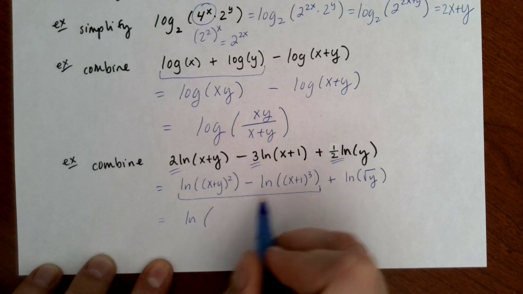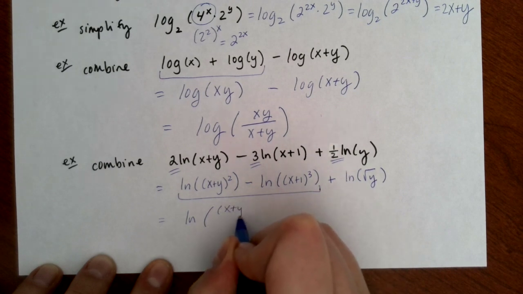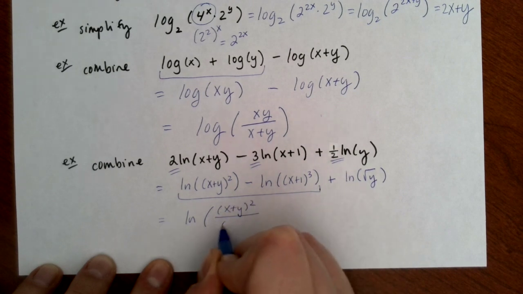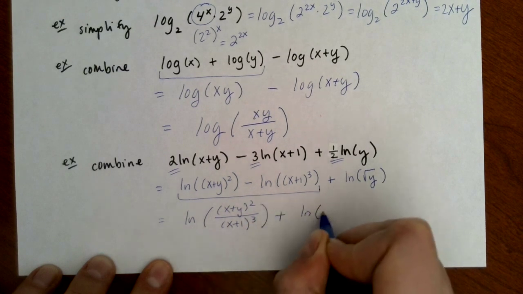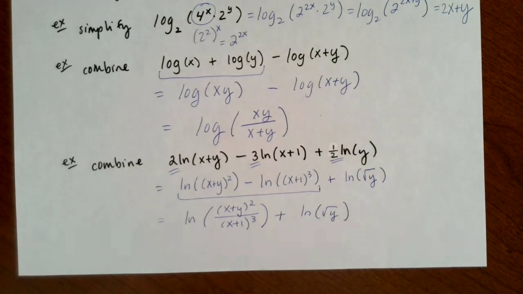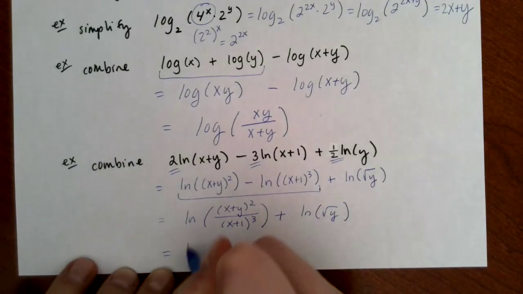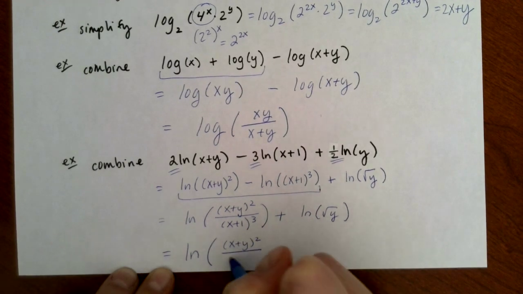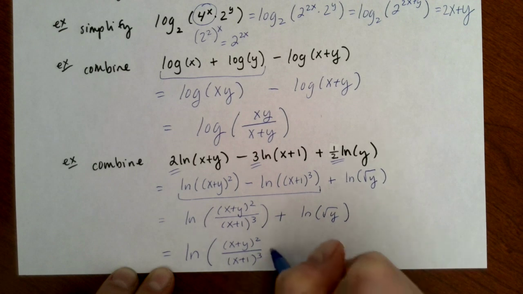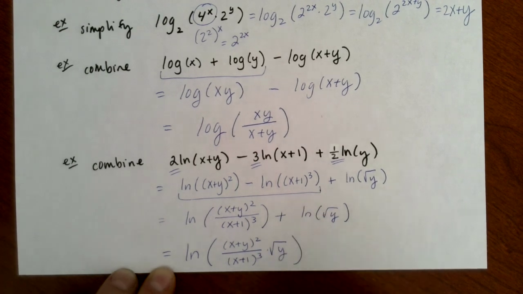So these are subtracted, so I'm going to divide what they have inside into this new single logarithm. And now I have ln plus ln, so I'm going to combine them into a single log with their insides multiplied because it's addition here. So ln of (x plus y) squared over (x plus 1) cubed times square root of y.